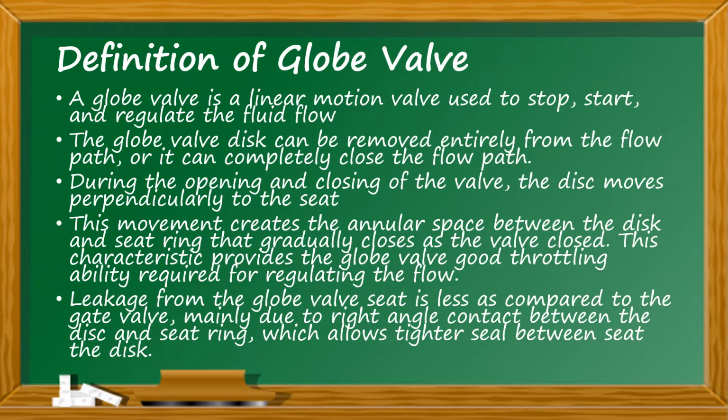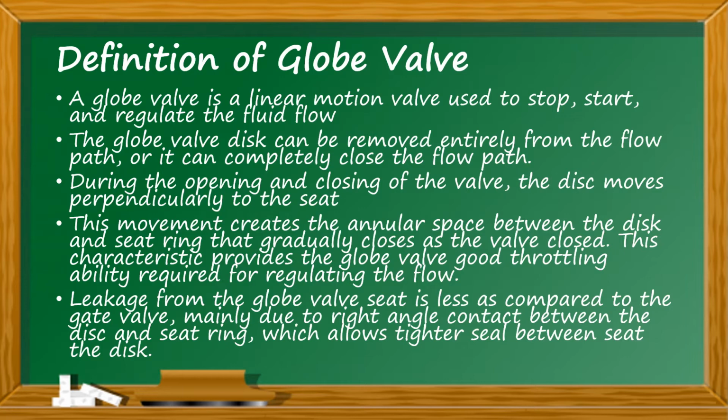Now this movement creates an annular space between the disc and the seat ring, which gradually closes as the valve is closed. This characteristic provides the globe valve good throttling ability, which is required for regulating the flow.